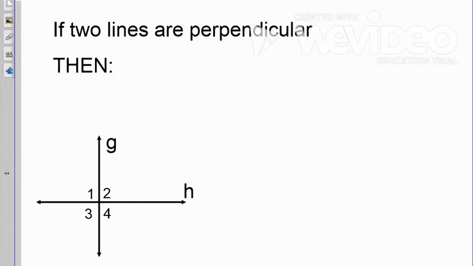If 2 lines are perpendicular, so we've got two lines here that are intersecting, and we're saying that they're perpendicular, then they intersect to form 4 right angles.